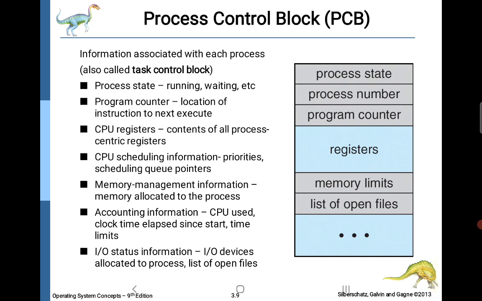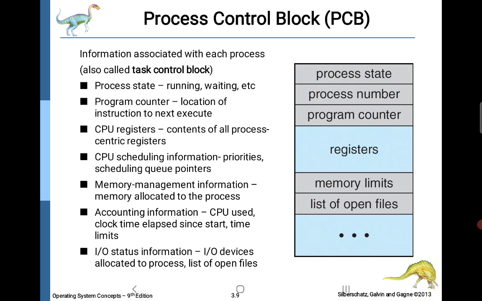So a process control block is a data structure that contains the important information the process needs to restart, to resume execution on the CPU. Basically, it will tell what state the process is, the process ID, the program counter, the registers, the values in the registers, the memory limits, the list of open files.